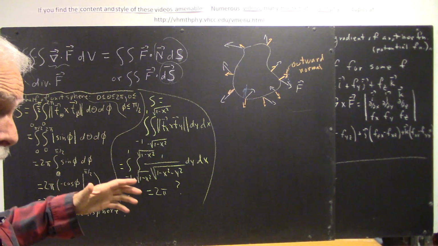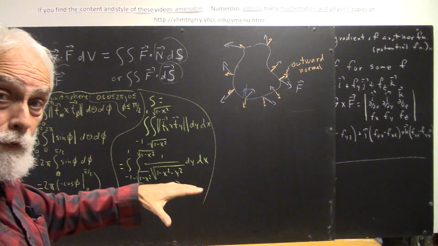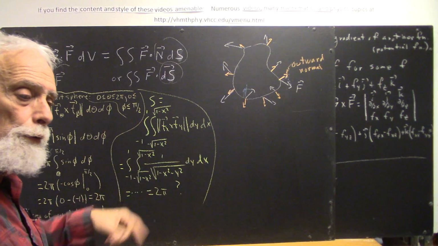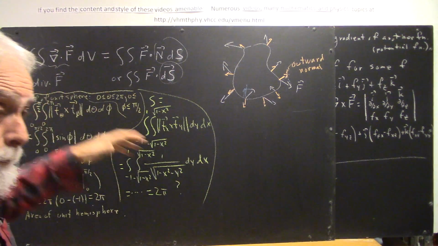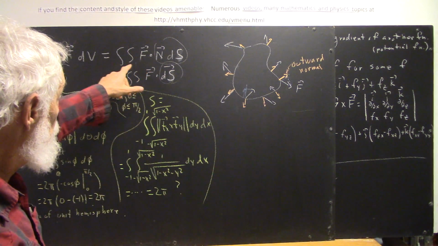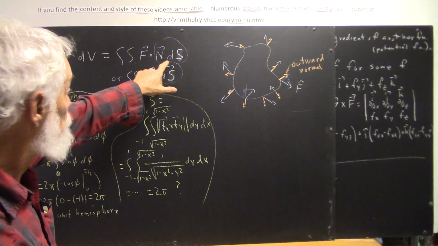Now, just as the integral of the divergence over the entire area of the disk is equal to the flux through the boundary of the disk, the boundary of this volume is a surface. And we integrate the flux through the surface.